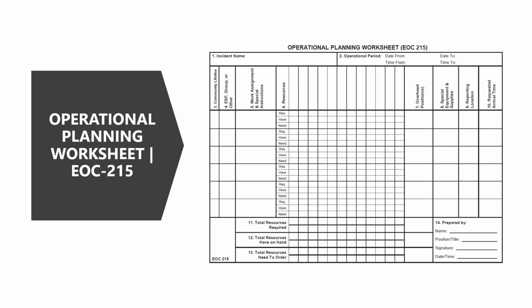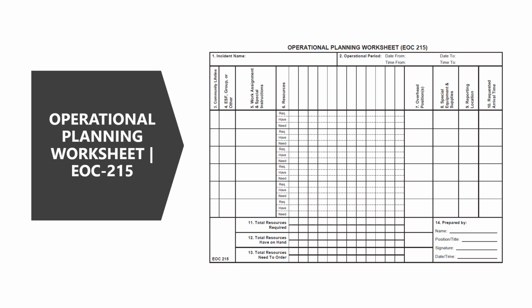So what happens now is the resource unit leader comes in and says, okay, we don't have enough resources. So if this is our plan and we can't change our plan, this is what we need to order. And they will start to take those 213 resource request forms and fill them out according to this worksheet and then turn those into logistics.